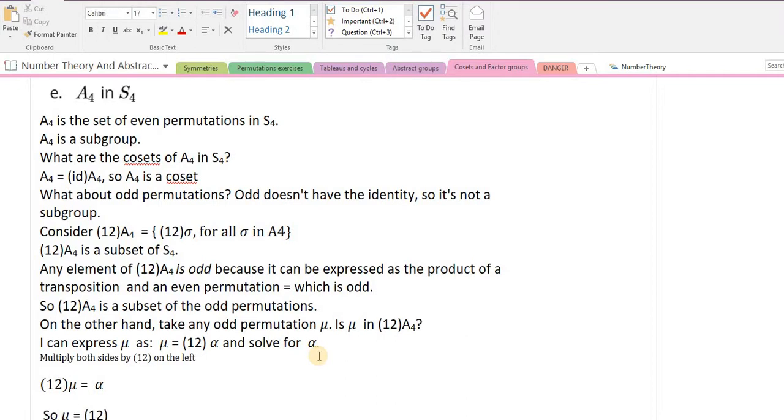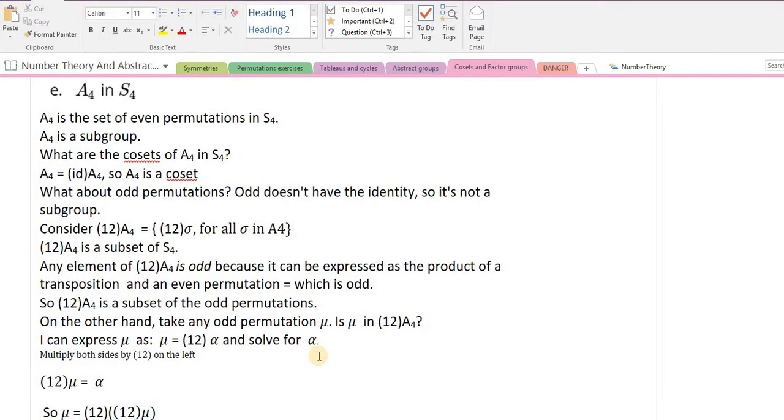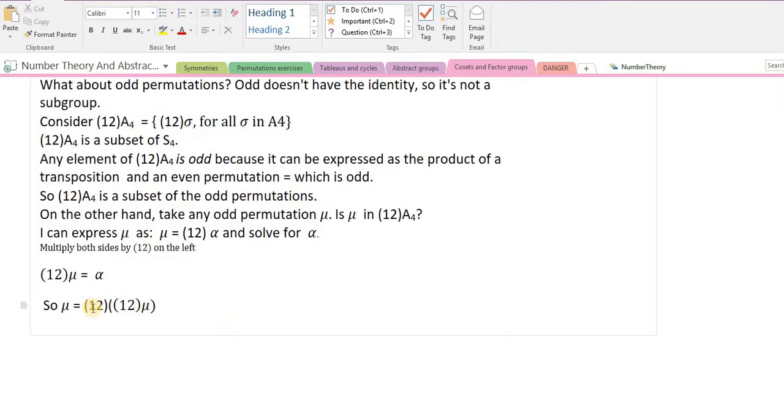So mu equals (1 2) times alpha, which is the same thing as (1 2) times (1 2) mu. If you look at it now, it looks obvious, right? Because the (1 2)'s cancel. So I can write mu as (1 2) times another permutation, (1 2) mu.